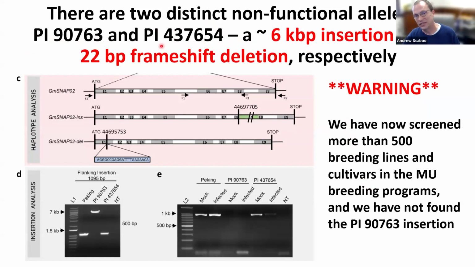And in 437654, it was a relatively smaller deletion in the gene. And it goes back to Matt's point, and our point of understanding genes, knowing that here we have 2 different alleles, 2 different haplotypes, but both of those haplotypes confer the same type of resistance.